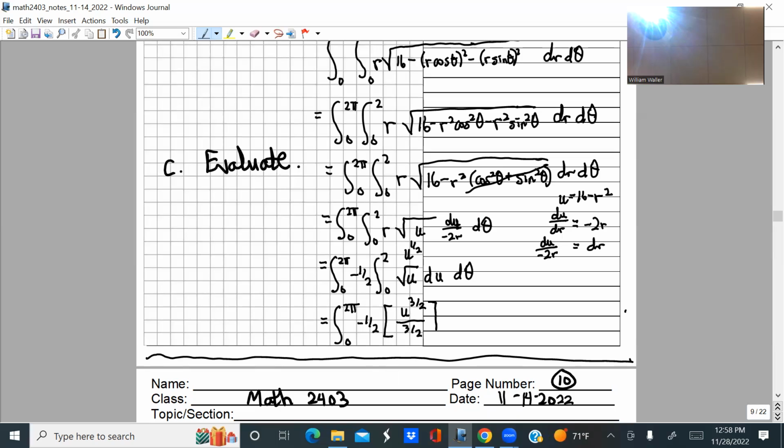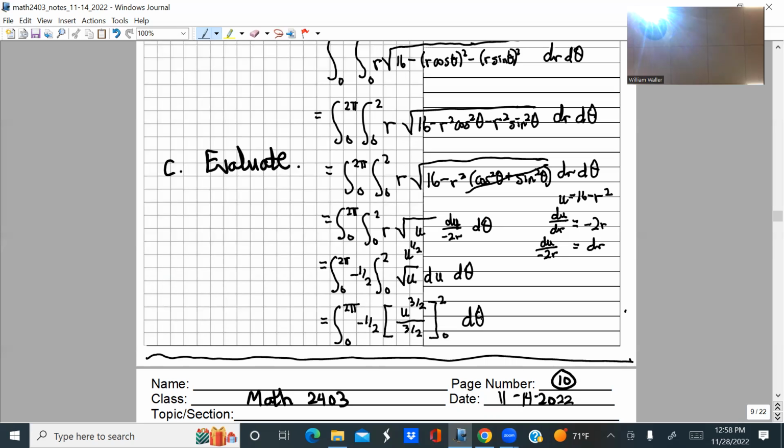And then we're going to evaluate that from what? 0 to 2? But now, before we do the evaluation, you have to undo your substitution, okay? Because these limits apply to r, right? Not u.